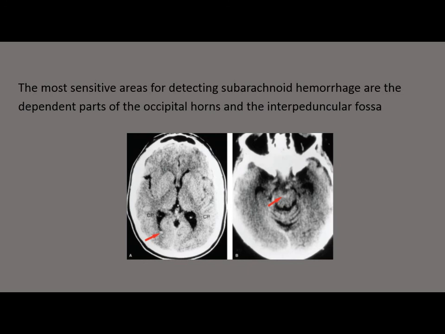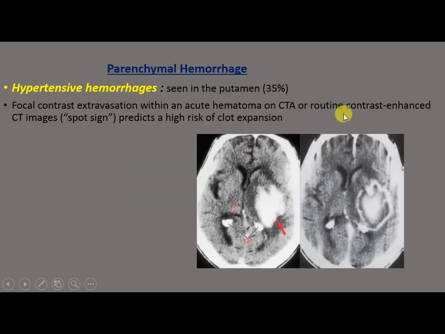Because subarachnoid hemorrhage communicates with the ventricles, it lays down in the dependent parts, such as here in the posterior horns of the lateral ventricle, in the interpeduncular fossa, and in the insula, also could be seen in the Sylvian fissure. The most sensitive areas for detecting subarachnoid hemorrhage are the dependent parts of the occipital horns and the interpeduncular fossa.